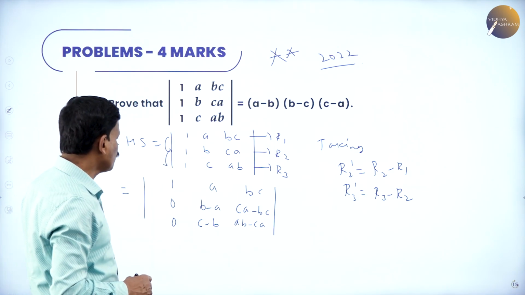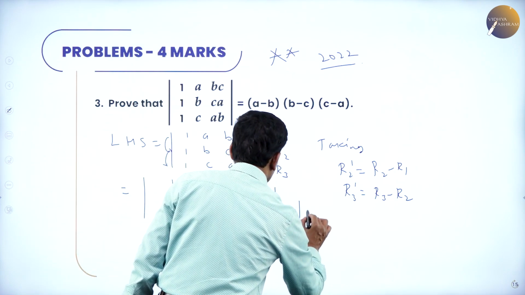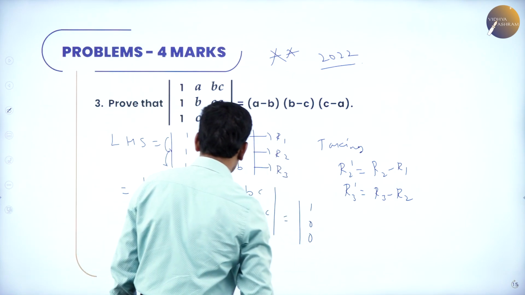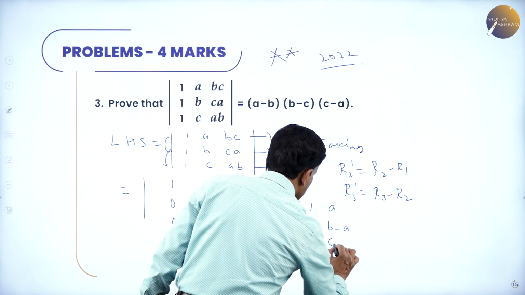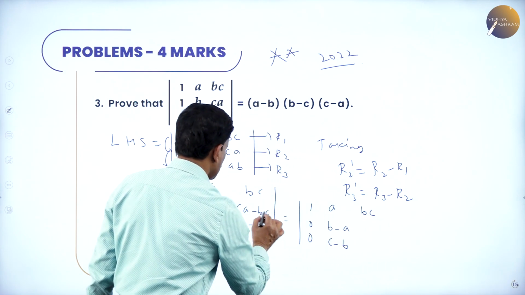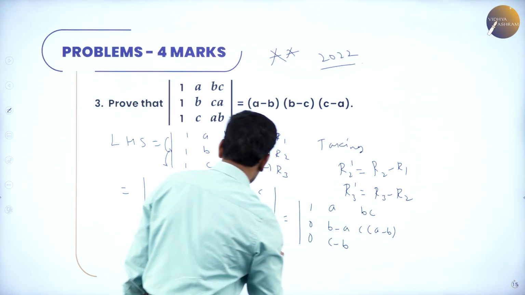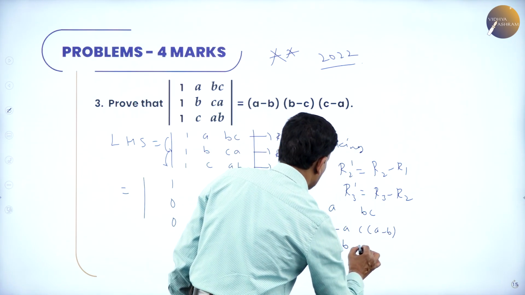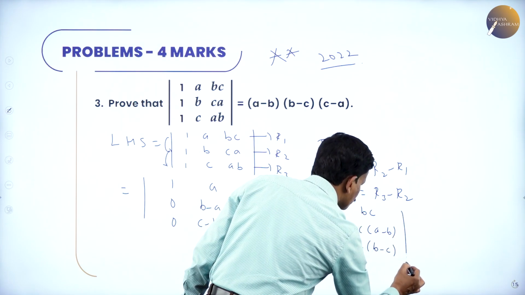Now, if you observe carefully, you can remove the common factor here. The first row is 1, 0, 0 as it is. This is b minus a and c minus b. You can take c common factor, then you get a minus b; you can take a common factor, which gives b minus c.